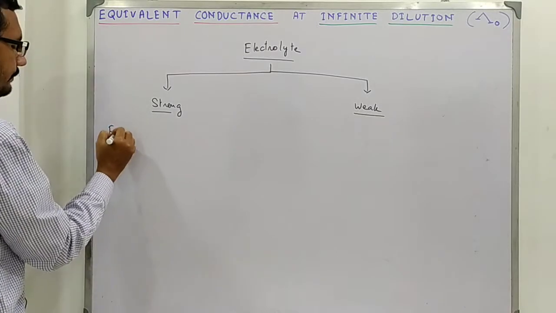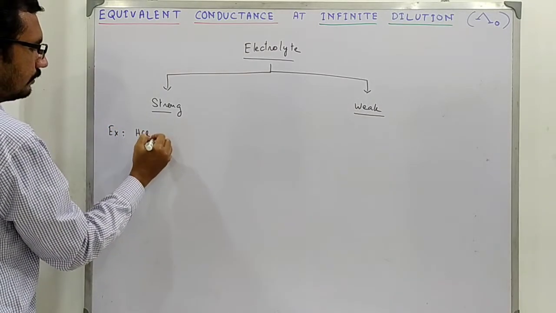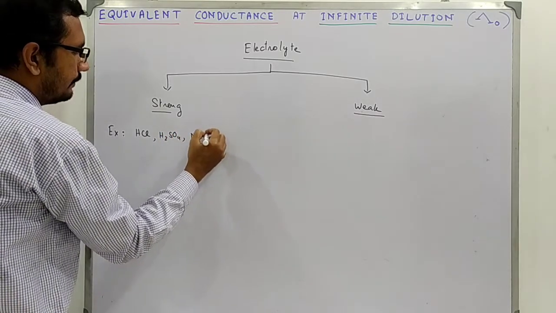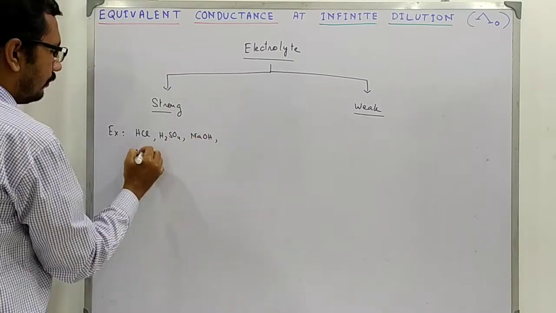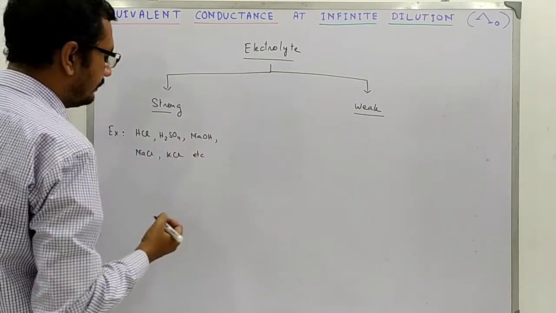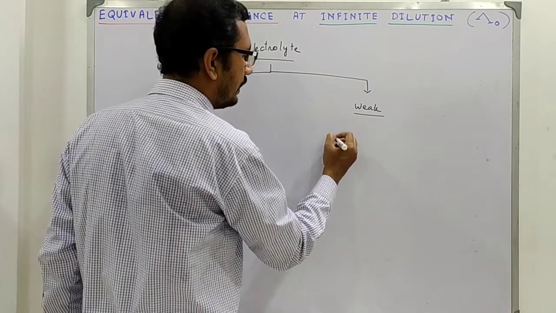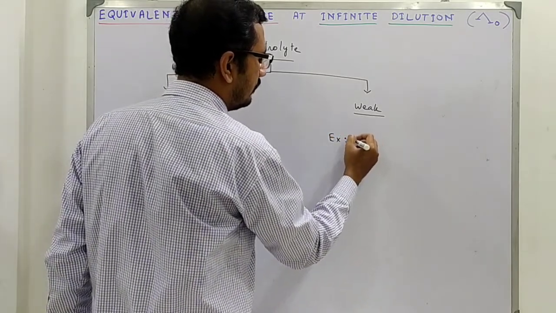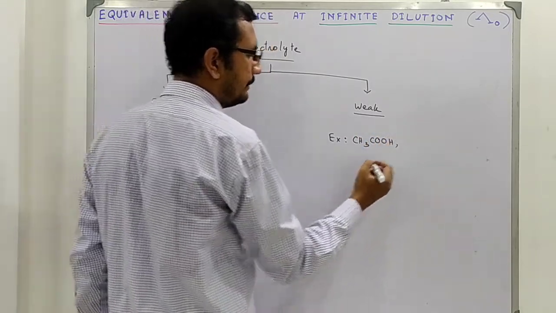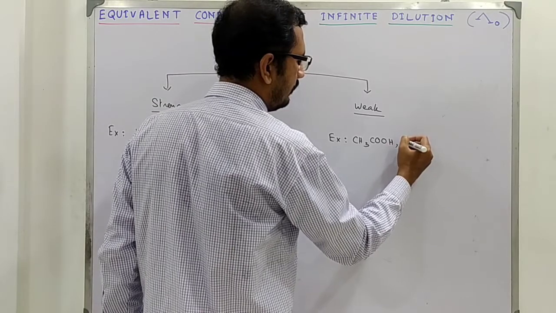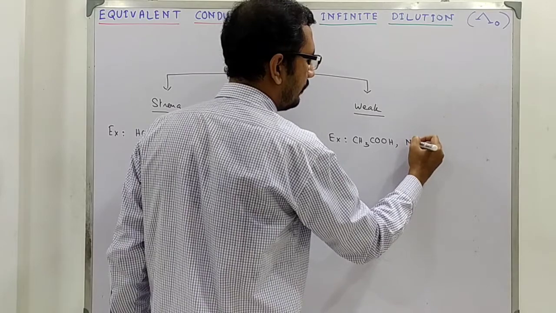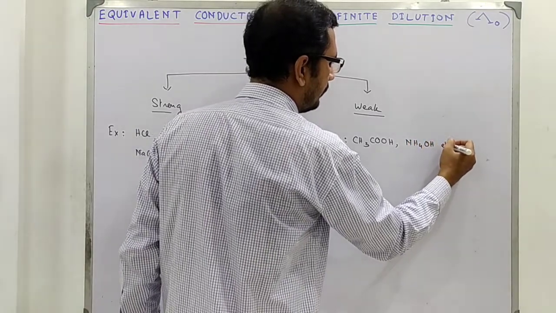So examples are strong acids, strong bases, salts, etc. Examples of weak electrolytes are acetic acid, formic acid, phenol, NH4OH.